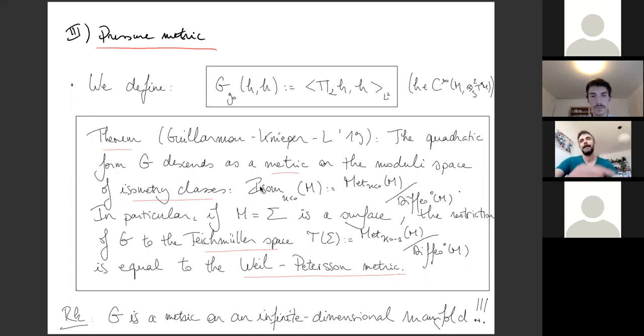And do you have some ideas on how to globalize your local results? What kind of geometric tools would you use? Because it seems very powerful locally. Yeah, I agree. There are plenty of open questions related to this.